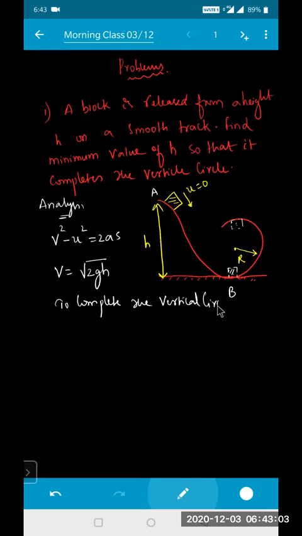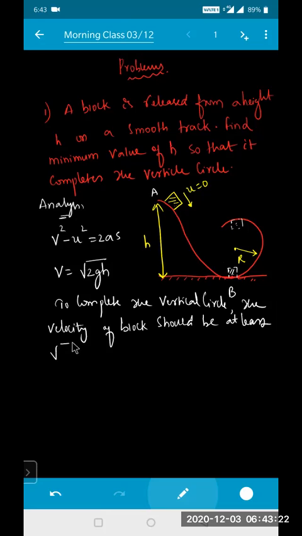To complete the vertical circle, the velocity of the block should be at least under root of 5g into r. That means this v should be greater than or equal to under root of 5g into r.